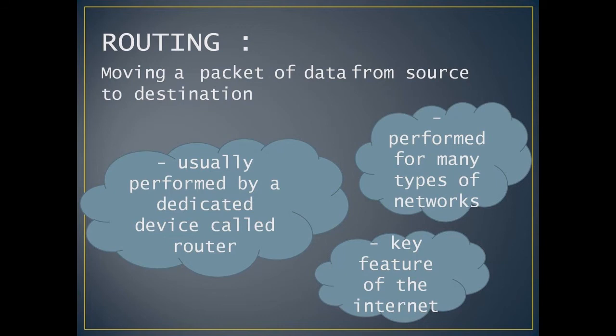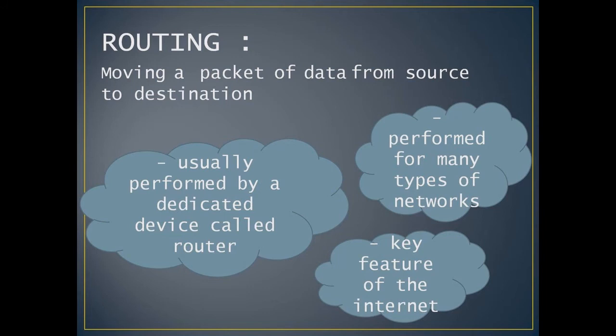Routing is also a key feature of the internet and is performed for many types of networks, including circuit switched networks such as the public switched telephone network, PSTN, computer networks such as the internet, as well as networks used in public and private transportation, such as the systems of streets, roads and highways in national infrastructure.